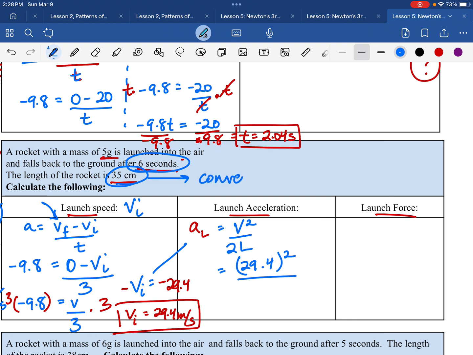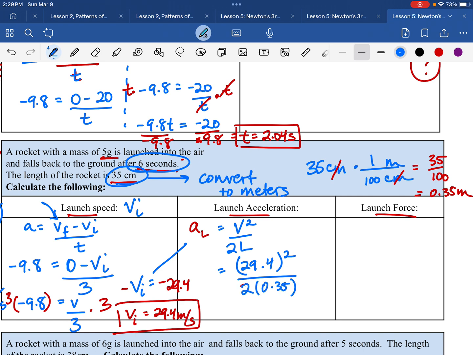We have to convert to meters, right? Because all of these units of newtons and acceleration and all that, that's all in meters, not centimeters. So for 35 centimeters, we could do a unit conversion. We know that there's 100 centimeters in 1 meter. And when we do that, we get 35 divided by 100, which equals 0.35 meters. So we're going to divide that by 2 times 0.35 meters.